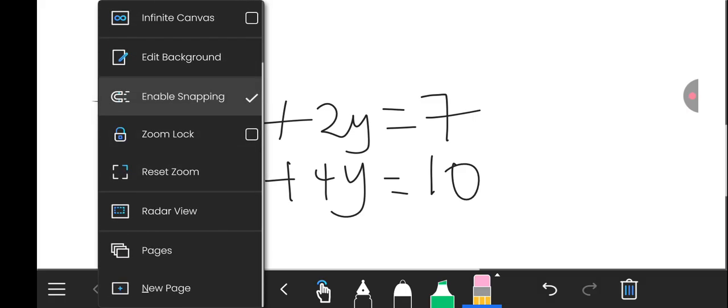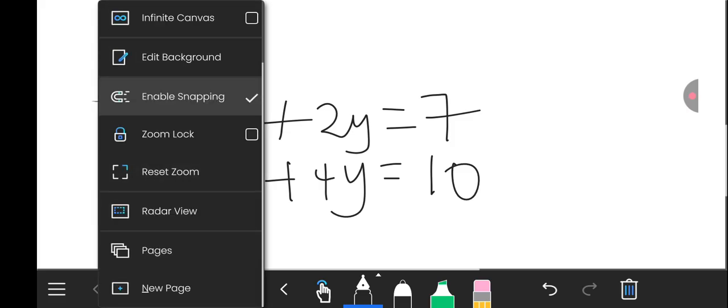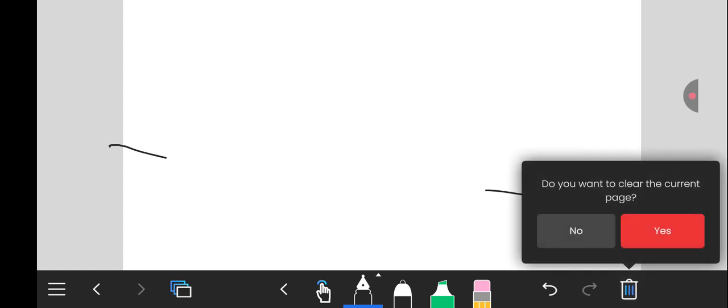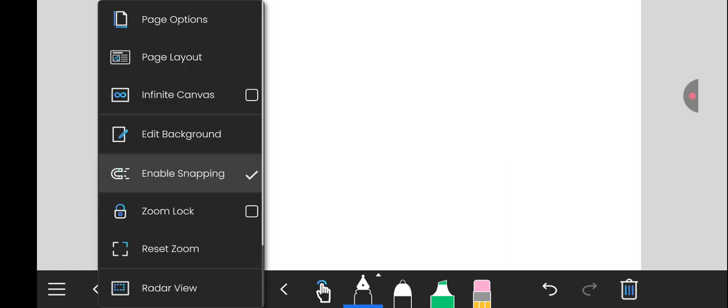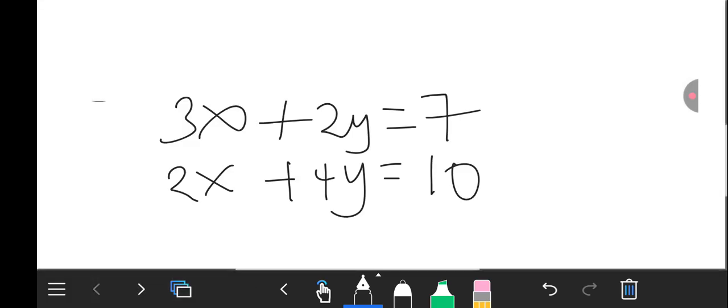So it is 3x plus 2y is equal to 7, and 2x plus 4y is equal to 10.